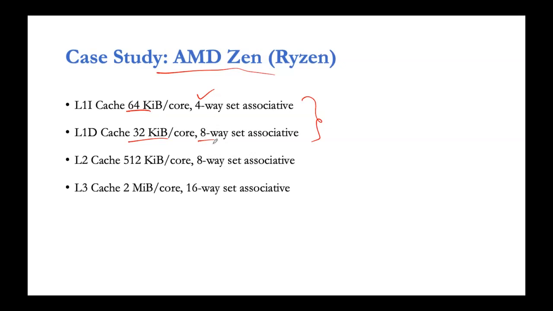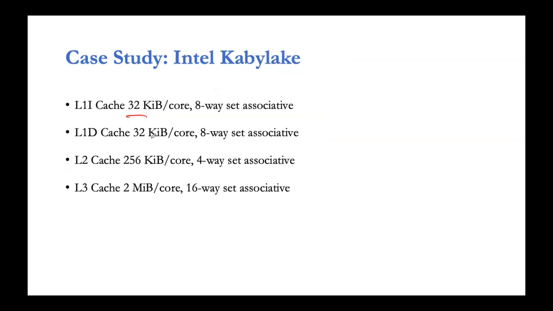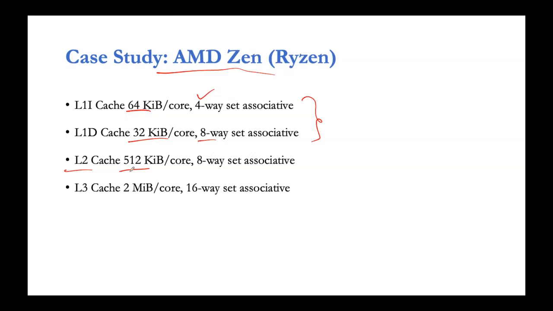The L2 cache is increased compared to the Intel processor: the AMD processor has 512 kilobytes per core and uses 8 ways. The shared L3 cache has 2 megabytes per core and uses 16 ways.